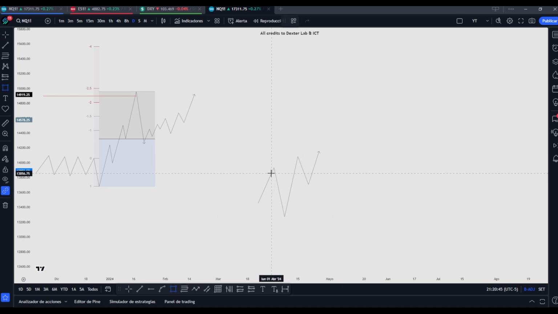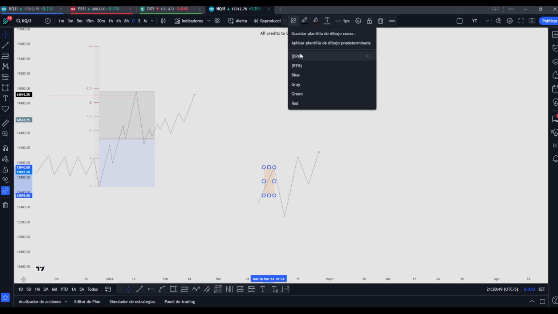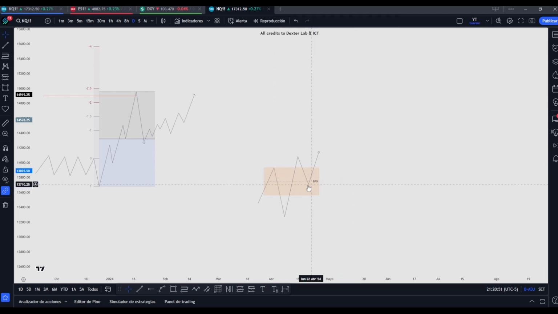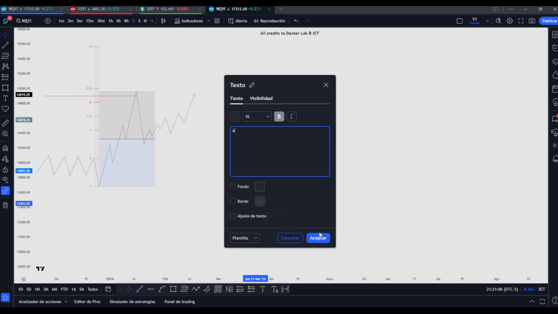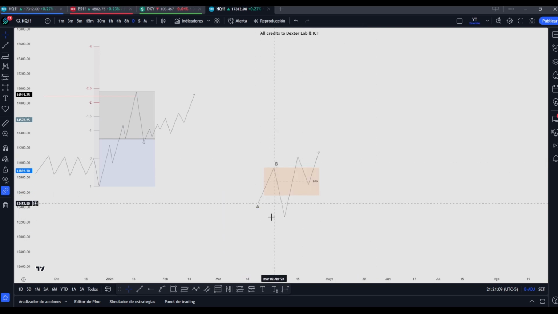This would be the breaker, a bullish breaker. We will measure standard deviations using the breaker block from point A to point B. Okay, this is point A and our point B.